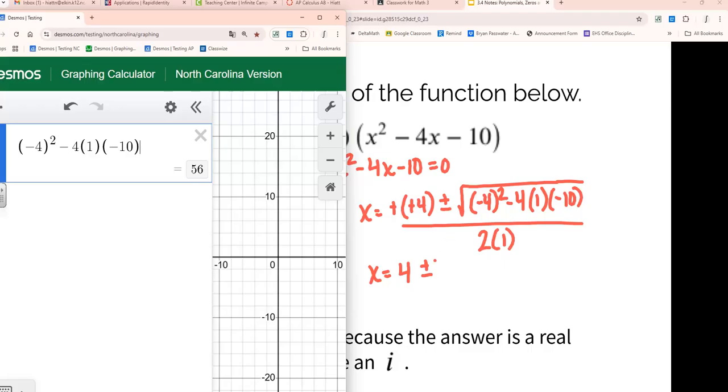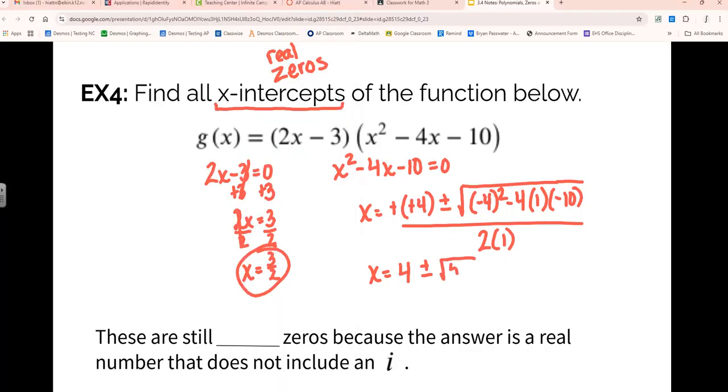So we got plus or minus the square root of 56 all over 2. Now this one's a little extra tricky because I'm pretty sure 56 will break down a little bit further. We're going to do this in a second.